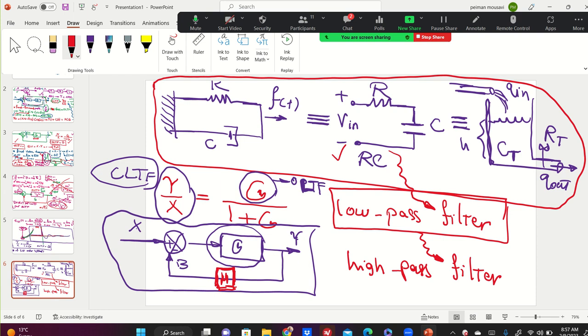This is only a feedback block diagram. But when I say that our sensor is ideal, this is unity feedback. See what I'm saying?